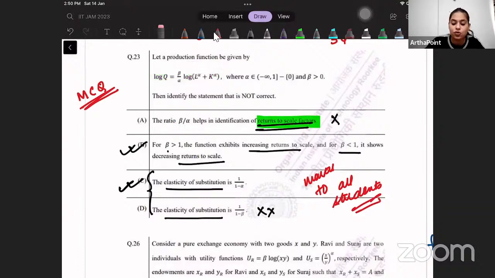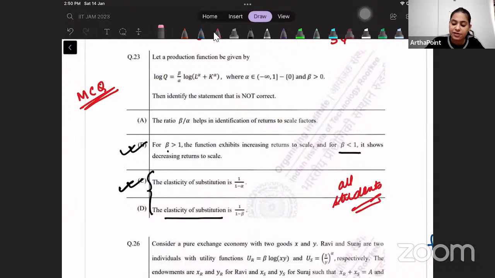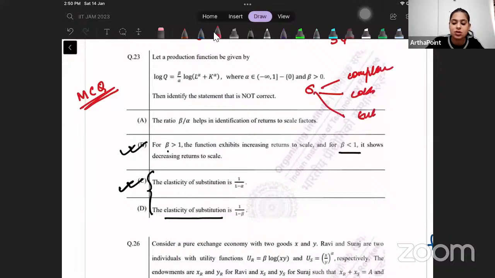But again, if you go to the lectures, we have found elasticity of substitution for complementary goods, for Cobb-Douglas, for substitutes. We have done it for all three kinds, right? And for this general case also we did. So I want you to go ahead, which is a constant CES function के लिए किया था ना, constant elasticity of substitution.